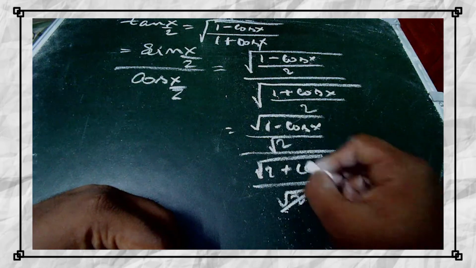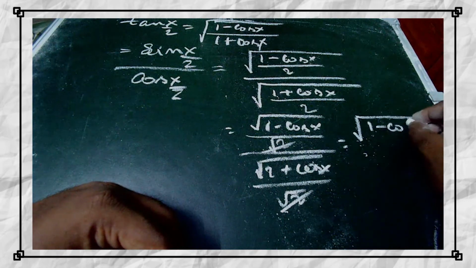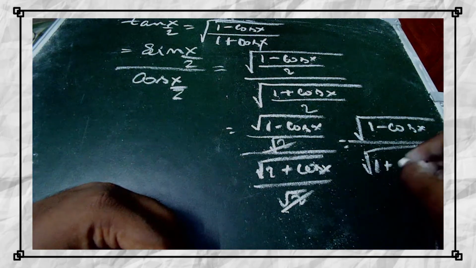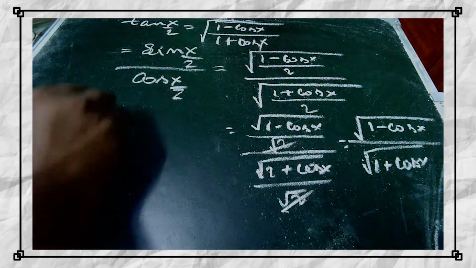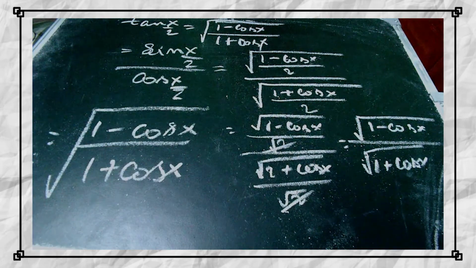Here the root 2 gets cancelled, and we will get root under (1 minus cos x) by root under (1 plus cos x), which can be written as root under (1 minus cos x) by (1 plus cos x). So this was the derivation of the formula tan of x by 2 is equal to root under (1 minus cos x) by (1 plus cos x).